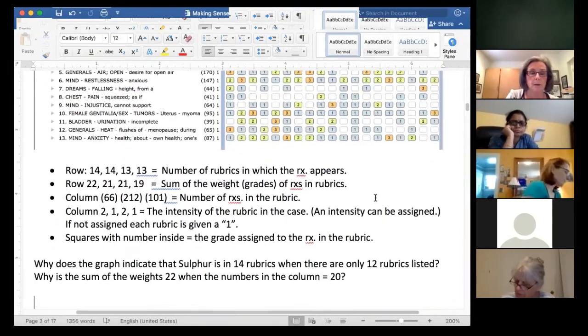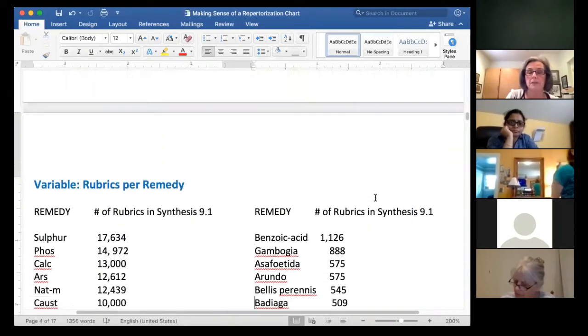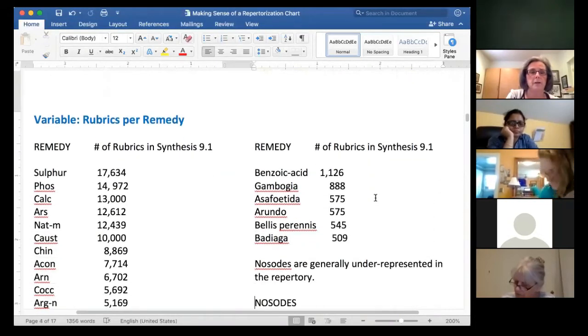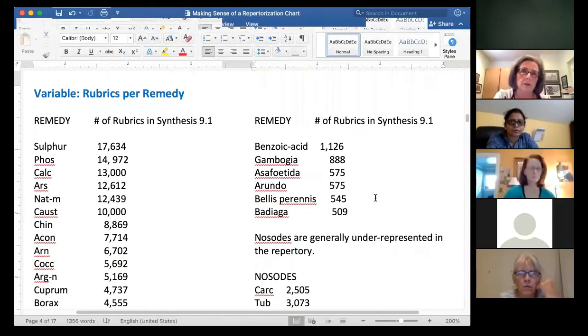Okay, so let's look at some of the variables that affect the repertorization, and there are many of them. One variable that will affect a repertorization is the rubrics per remedy.